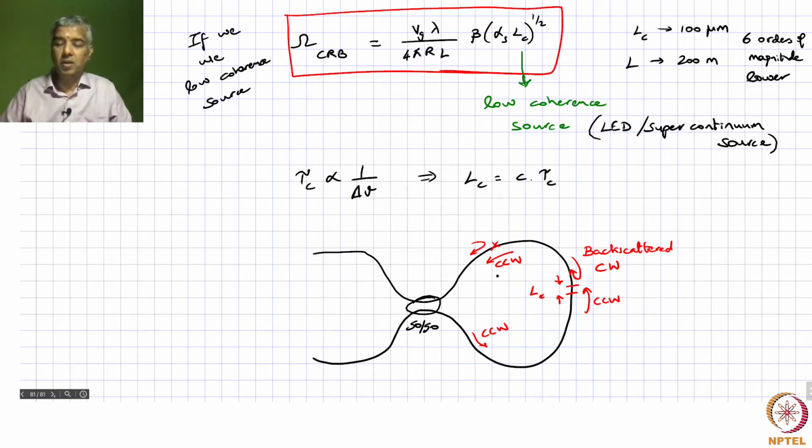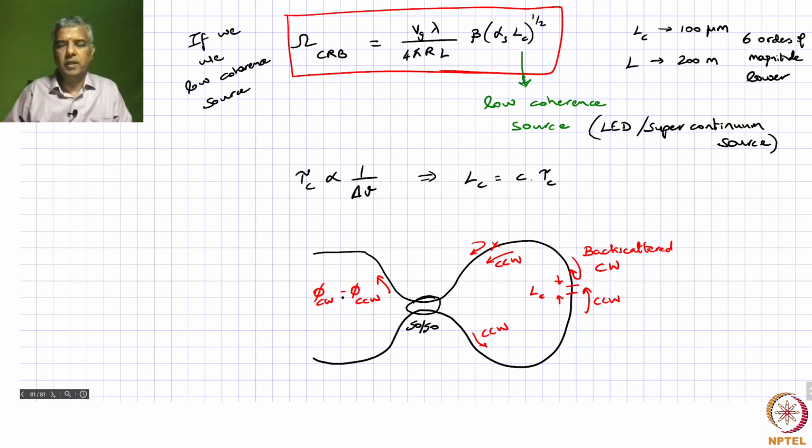Mind you, that is not actually getting limited, because both your clockwise and your counterclockwise beams go through the same propagation distance and propagation time around the loop. What we are saying is we are sampling this difference, phi CW minus phi CCW.